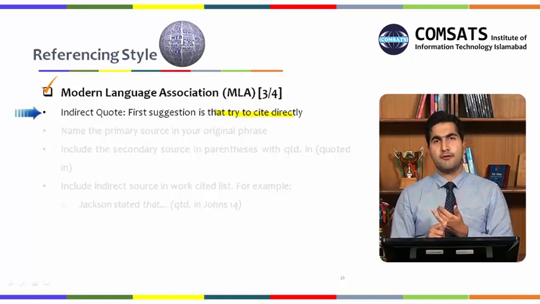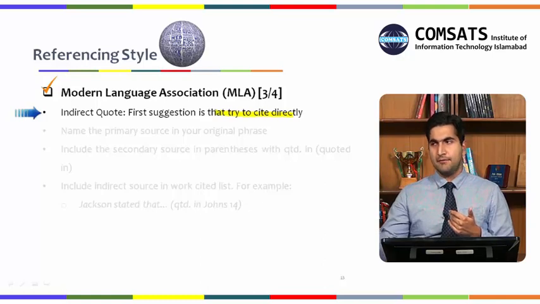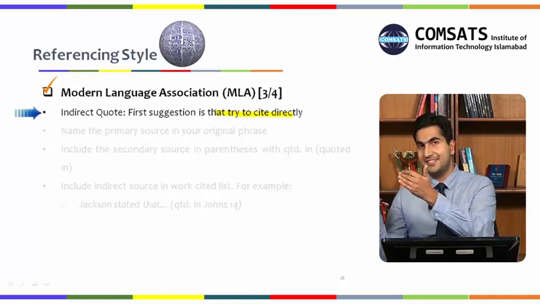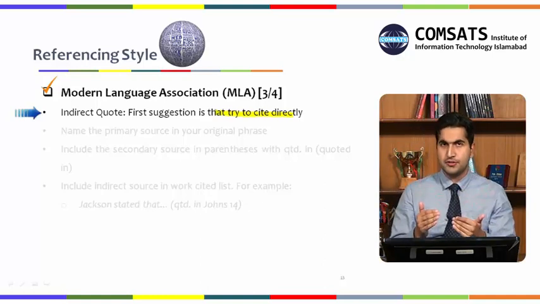The original source of writing is the primary source, whose data is collected by the secondary source, which becomes the indirect source for you, and you taking the data from that secondary source becomes a tertiary source.